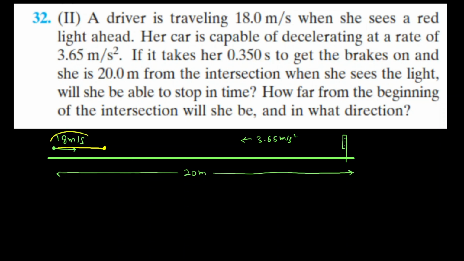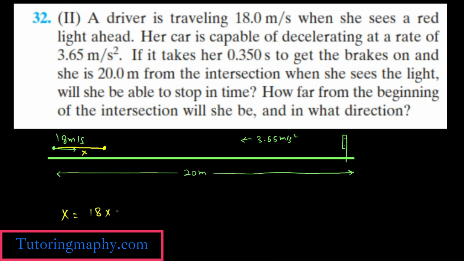If she travels at 18 meters per second in the same direction, what is the distance traveled in that case? Distance is speed times time, so 18 times 0.35, which is 6.3 meters.